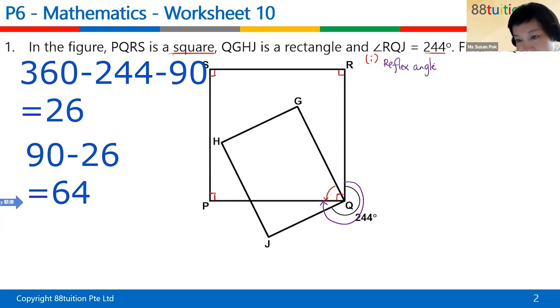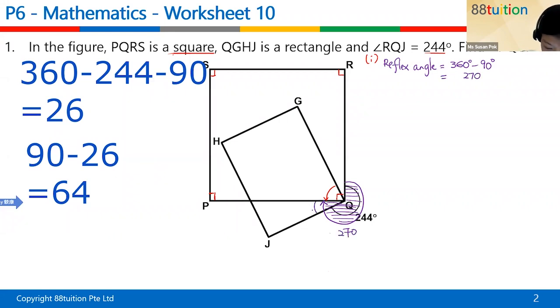The reflex angle equals 360 minus 90 first. The reason is I'm looking for the purple one here, the whole thing. So I must use 360 minus the 90, which gives me 270, the purple one.